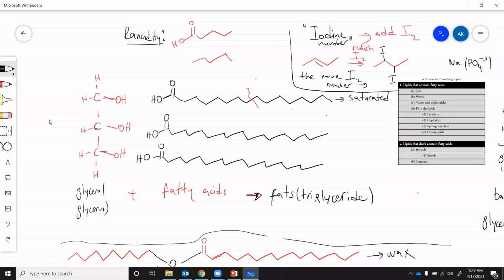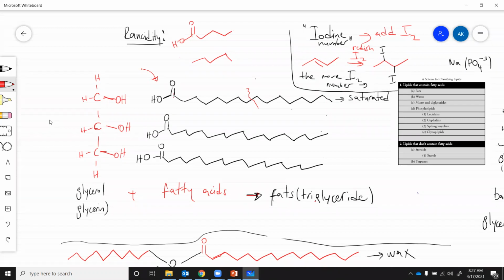The fats are, once you have this, and if I ask you to look at this molecule right here, what is this molecule? What functional group do you see here? Can you tell me? Does anybody can tell me?